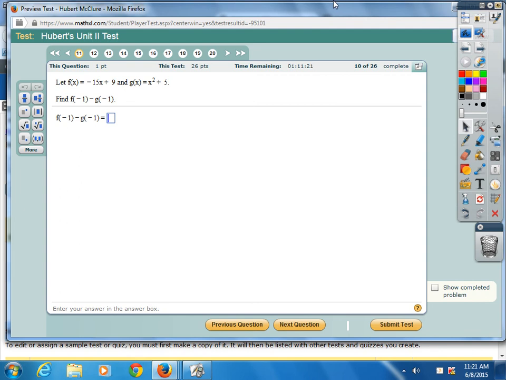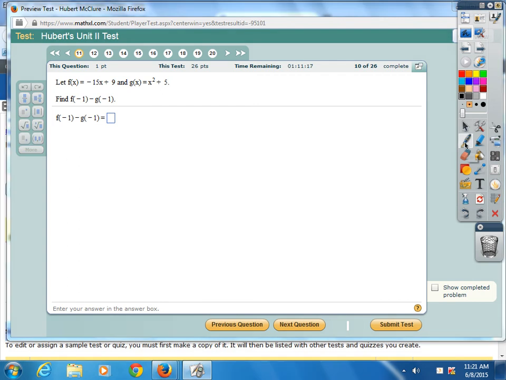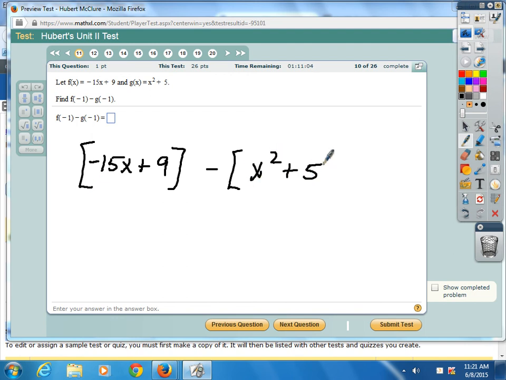Now this one's pretty easy. f of x is negative 15x plus 9, put that in brackets, minus x squared plus 5. And now, plug and chug. What does this one say to plug in? Negative 1.